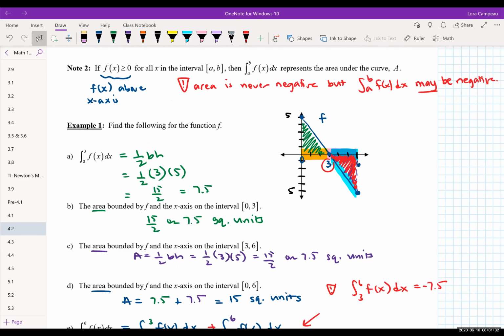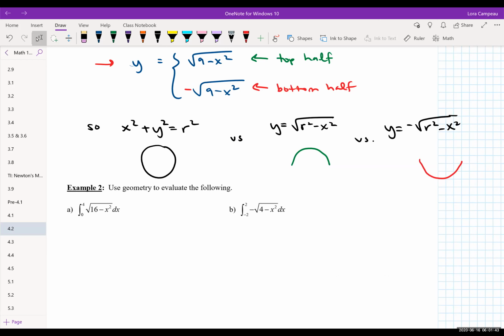But there are other geometric shapes that sometimes come into play. So example 2 is actually asking us to use geometry. There's where the analytic geometry comes back, so that we can evaluate the following. If we recognize what the function is, I notice I'm seeing this pattern right here. We've got ourselves the top half of a circle.